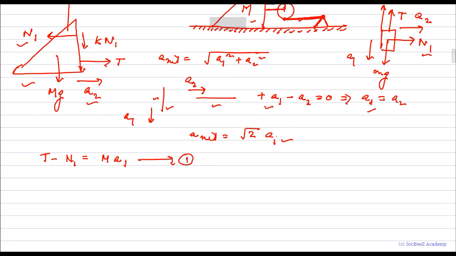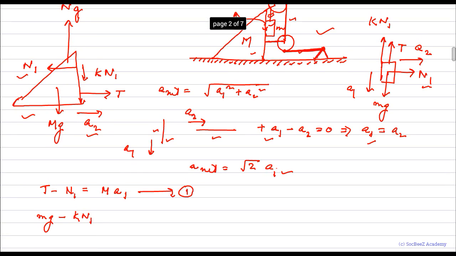Along the vertical direction, I'll write mg minus kN1, which is the frictional force acting in the vertically upward direction, minus T, which is the tension force, must be equal to ma1.